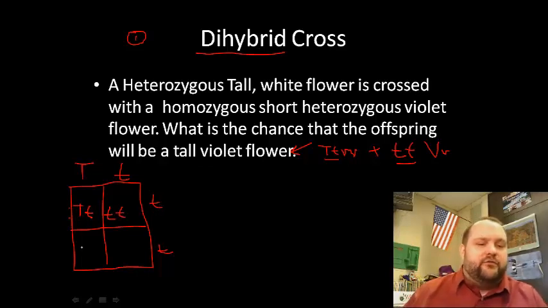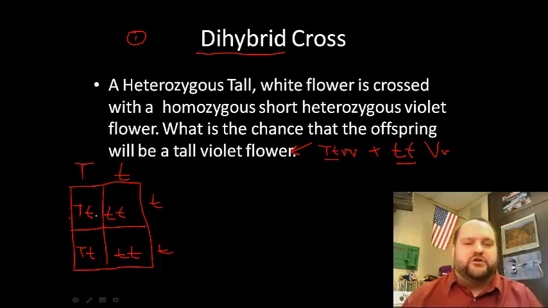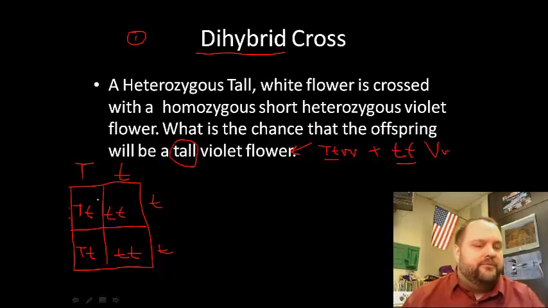This one down here is big T, little t, and this one down here is little t. So I know that half of them are going to be tall and half of them are going to be short. The question I'm answering is what's the chance that the offspring will be a tall flower? So the only two that are going to show up tall are these two to the left. So I know half of my flowers are tall.